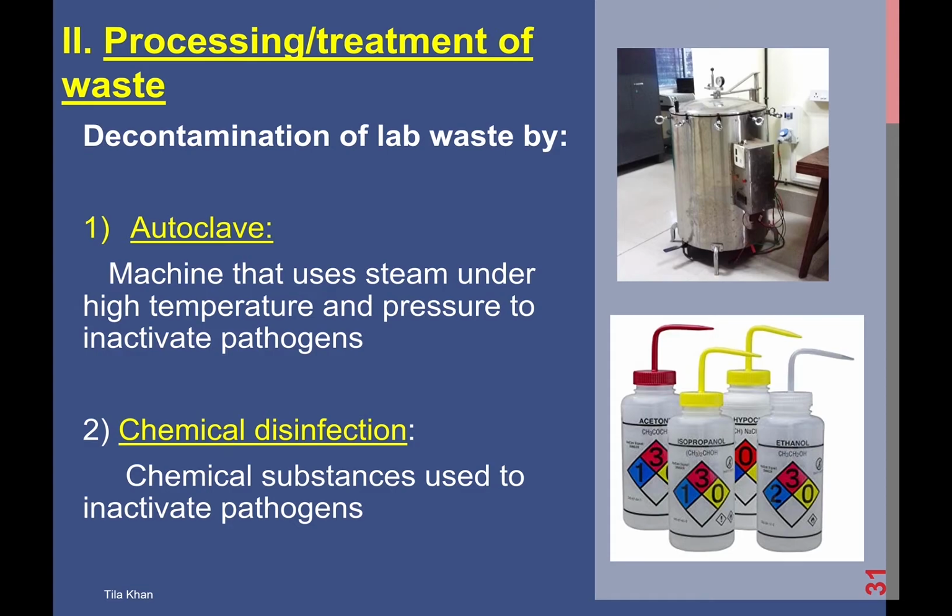You may be using autoclave in your laboratories, but just to brush up, an autoclave is a machine that uses steam under high temperature and pressure to inactivate pathogens. Number 2 is chemical disinfection. Here we use chemical substances to inactivate pathogens. We will study these 2 ways in detail in the next slides.